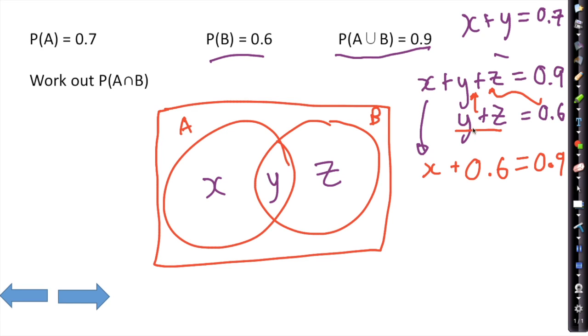Okay, so just substitution: Y plus Z is 0.6, so we've got X plus 0.6 equals 0.9. Now if we take away 0.6 on both sides, X is 0.3.